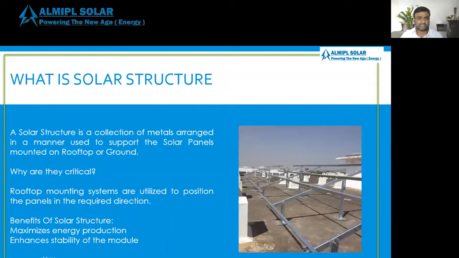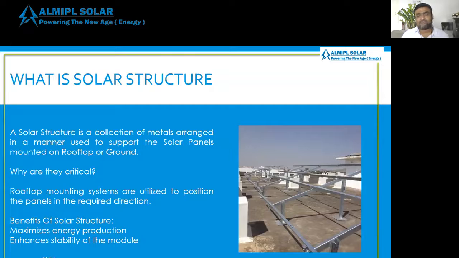What is a solar structure? A solar structure is made of metal arranged in a manner used to support the solar panel mounted on a rooftop. There are three types: MS (mild steel), aluminum, and stainless steel, SS.